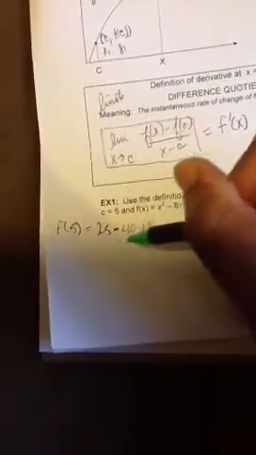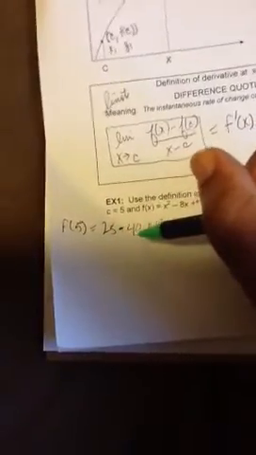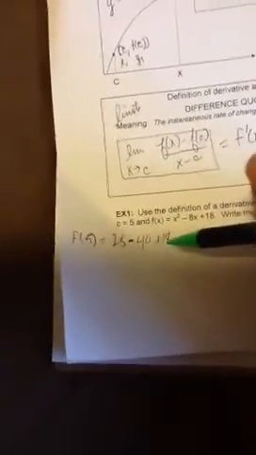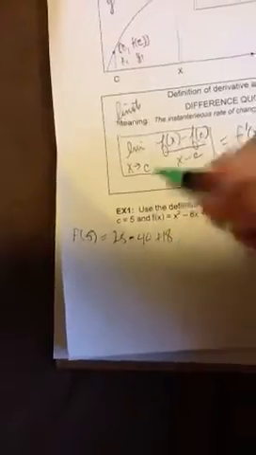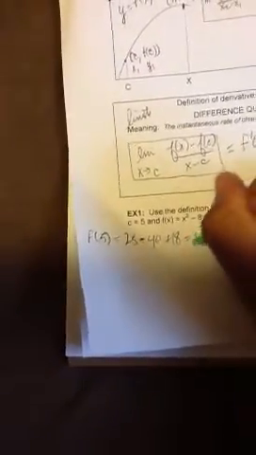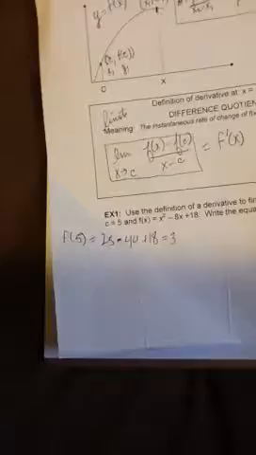So that's negative 15, 25 minus 40. That's negative 15 plus 18. Negative 15 plus 18 is 3. So f of 5 is 3.